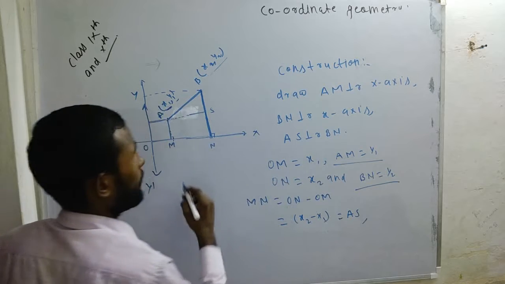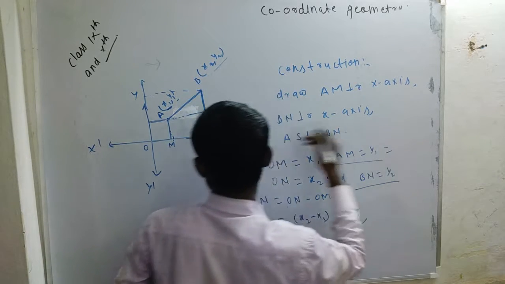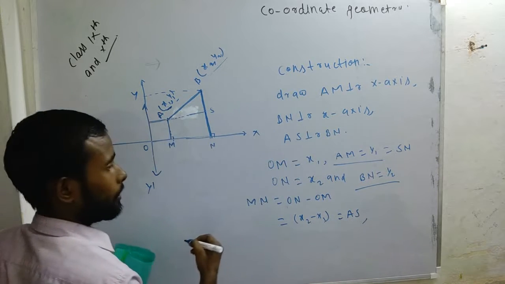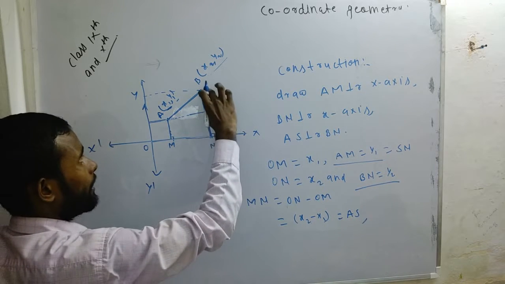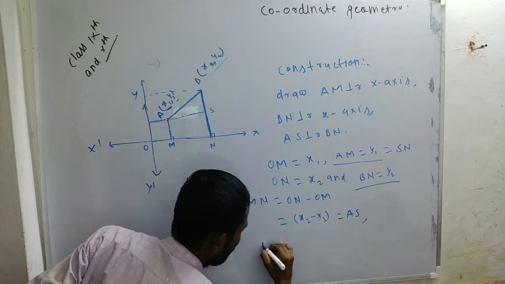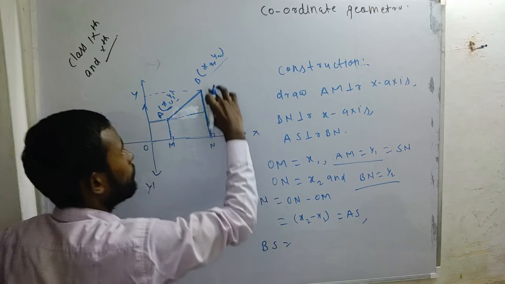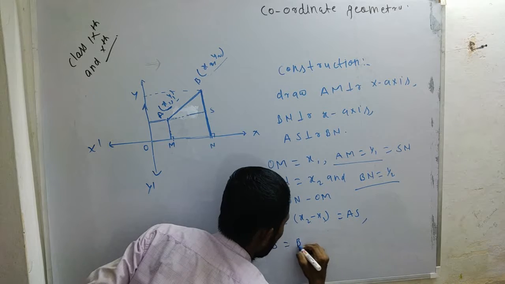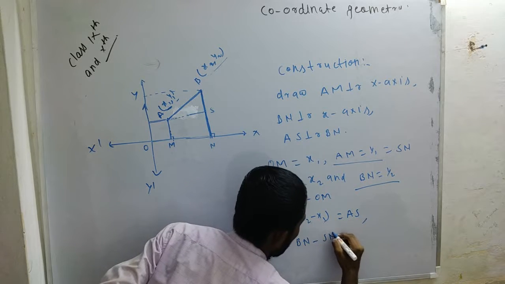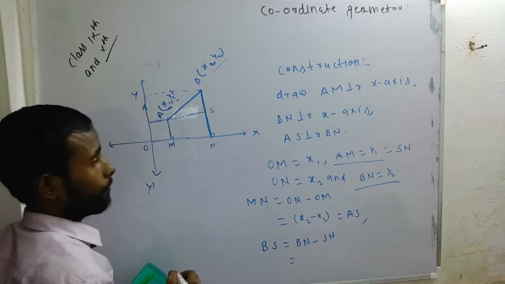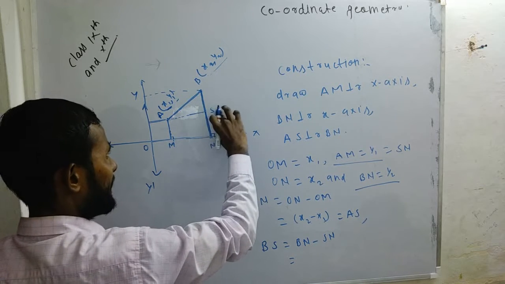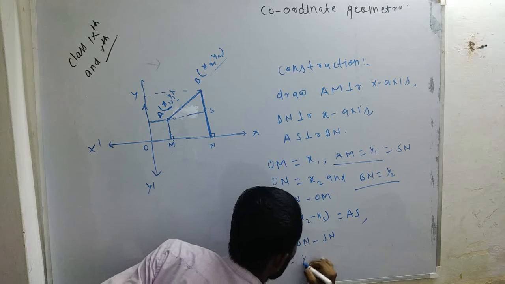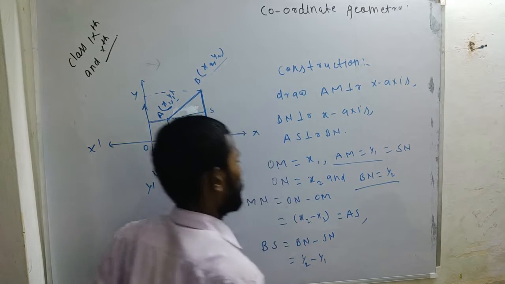Now we write BS is equal to BN minus SN. BN means y2 minus y1.